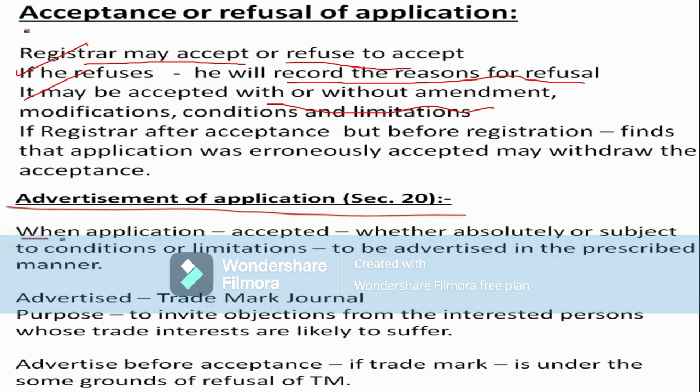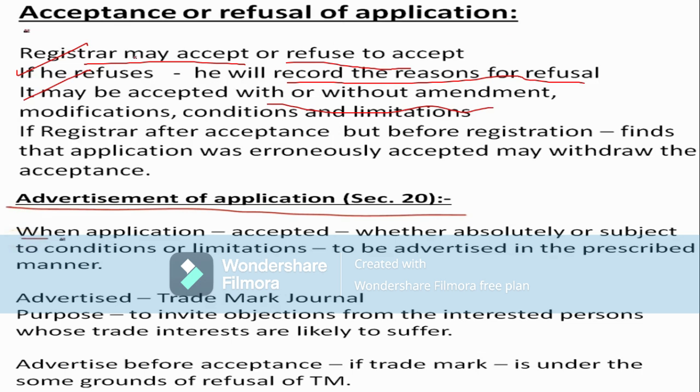If minor amendments are required, he will intimate the applicant, and the applicant will amend the application according to the registrar's suggestions and apply again. Or if there is no need of amendment, he can directly accept the application.